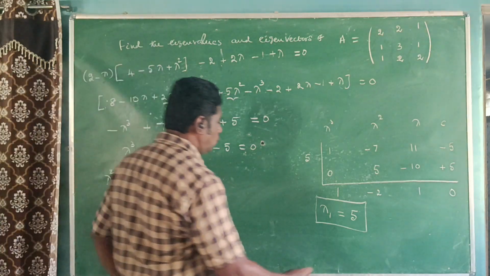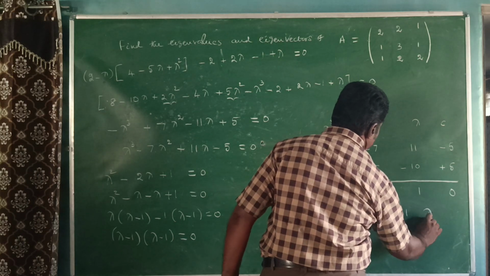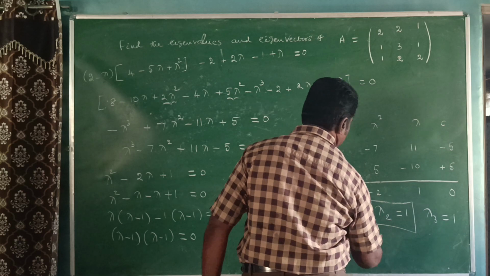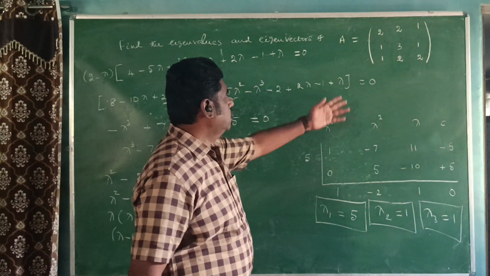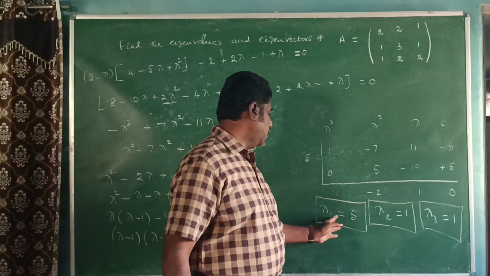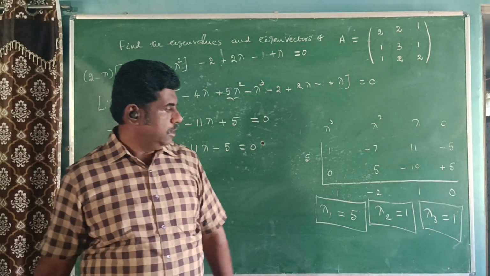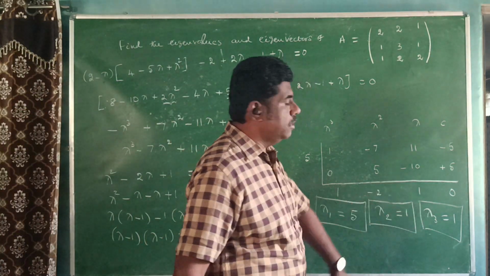So lambda 2 equals 1 and lambda 3 equals 1. So these are all the eigenvalues. The eigenvalues of the given matrix A are lambda 1 equal to 5, lambda 2 equal to 1, lambda 3 equal to 1.